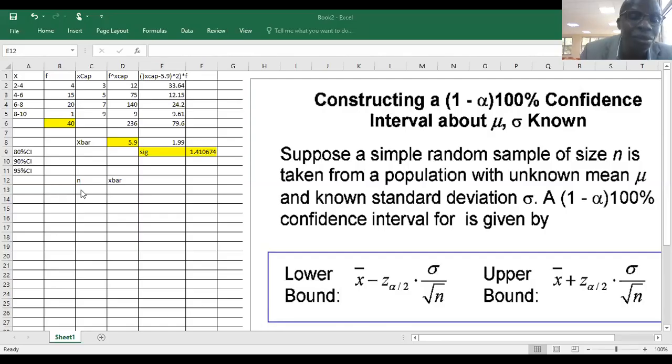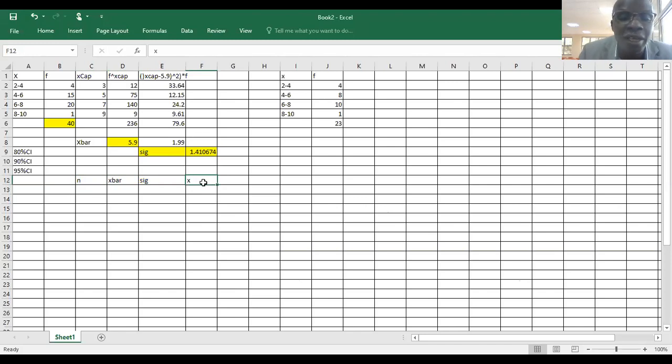Good. So I want to create a table now. Let this be N. Let this be X bar. Here, write sigma, the sigma notation. And then here, I want you to write Z alpha over 2. You write Z alpha over 2 properly. Just write here, Z alpha over 2.